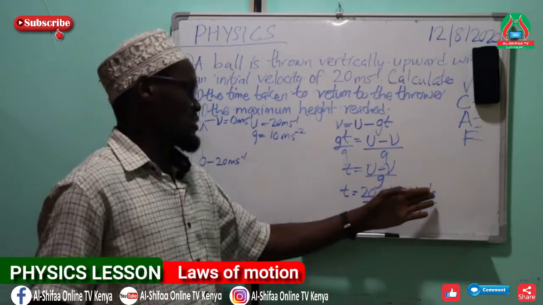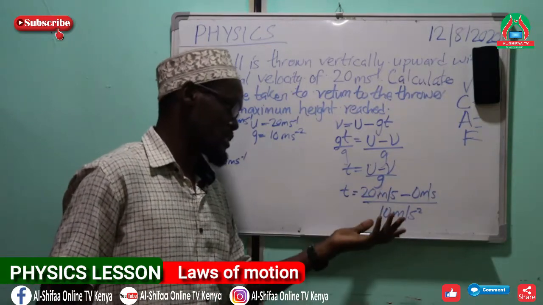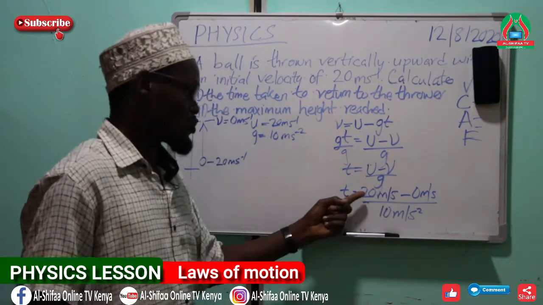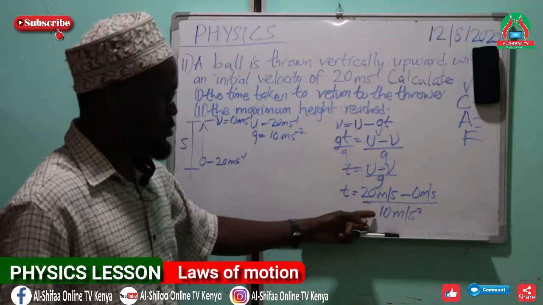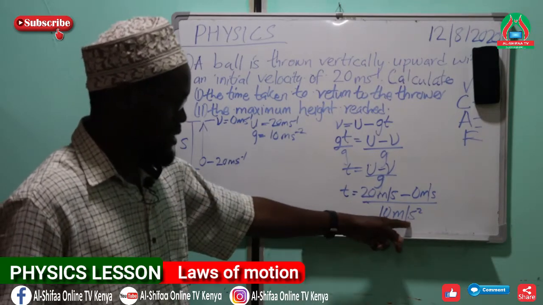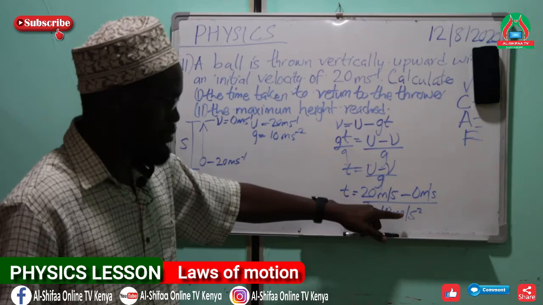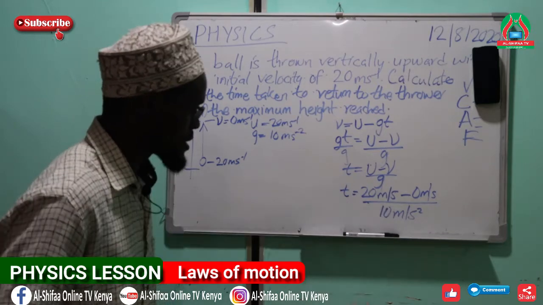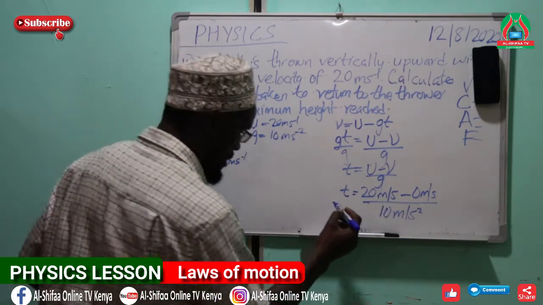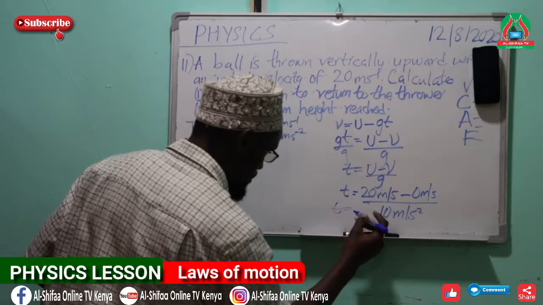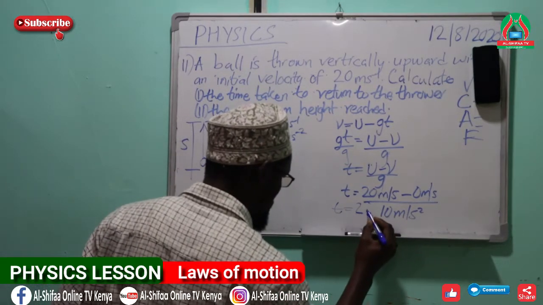When you subtract 0 from 20, you still get 20. So 20 meters per second over 10 meters per second squared. The meters per second will remain with just one second unit, and t will be equal to 2 seconds.